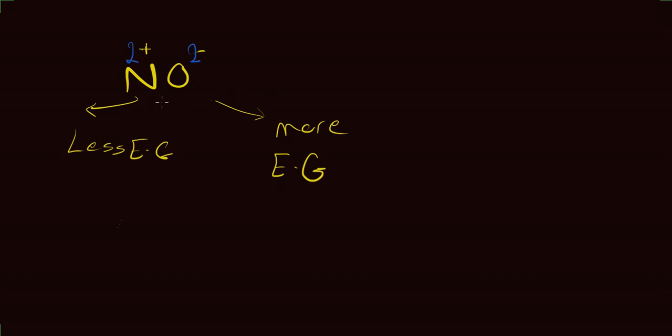So let's talk about the name. The first element is nitrogen. In a binary molecular compound, for the second element you will use a prefix, so it is monoxide.